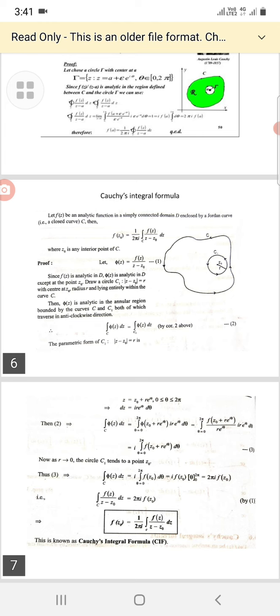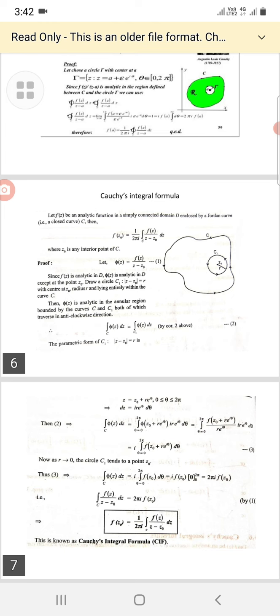Draw another closed curve within the curve C, |z minus z0| equal to r, where z0 is the center and r is the radius of the curve C1.